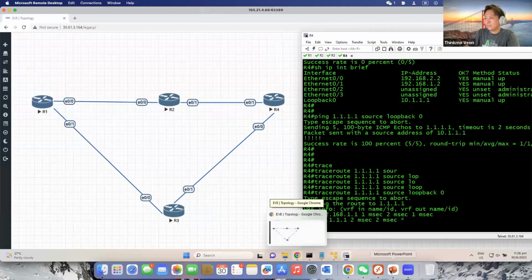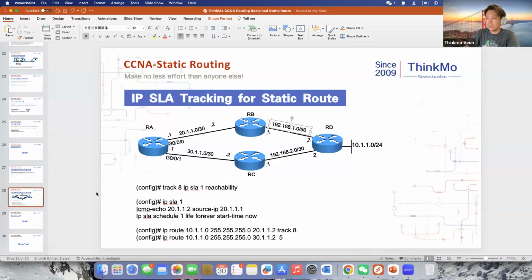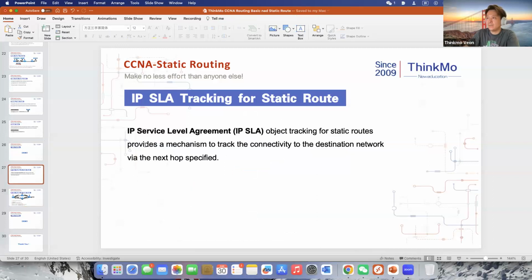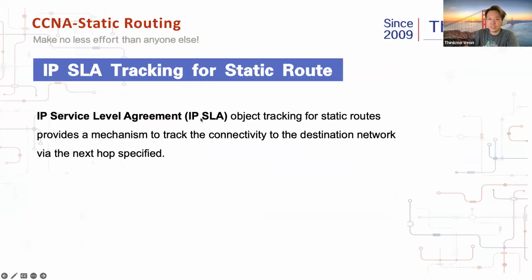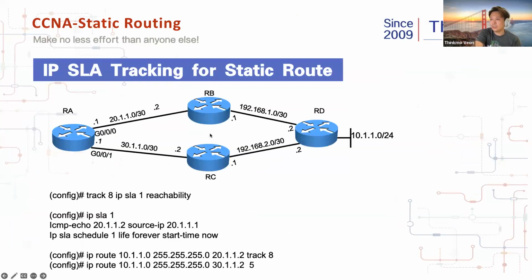So I think the timing now is a bit late, so I will just go straight to the next topic, which is IP SLA. How many of you have heard about IP SLA tracking? No. So it's very common to use in enterprise networks.